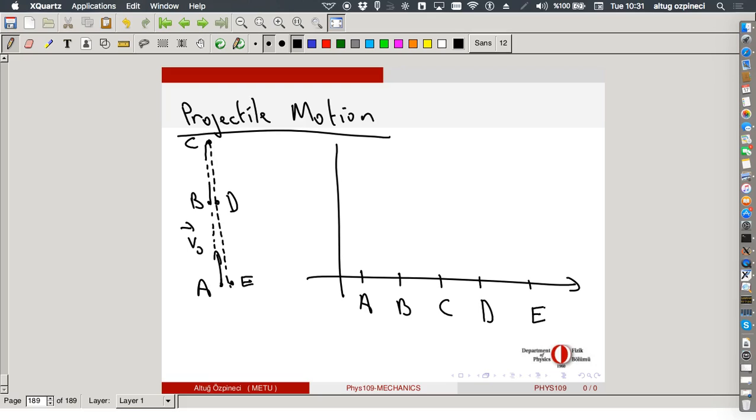It has a mass M. So at the point A, the kinetic energy is 1 over 2 m V0 squared. With black, I will show the kinetic energy. What about the potential energy? 0. With red, I will show the potential energy. What is the total mechanical energy? Equal to the kinetic energy. I will use orange to show that.